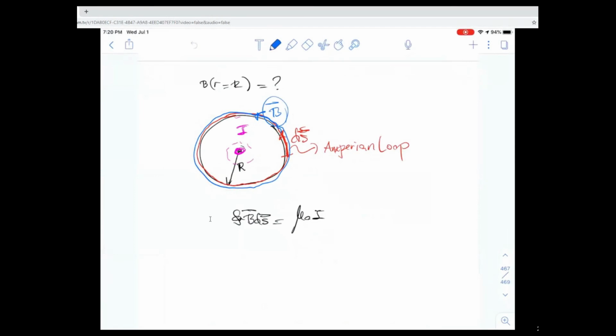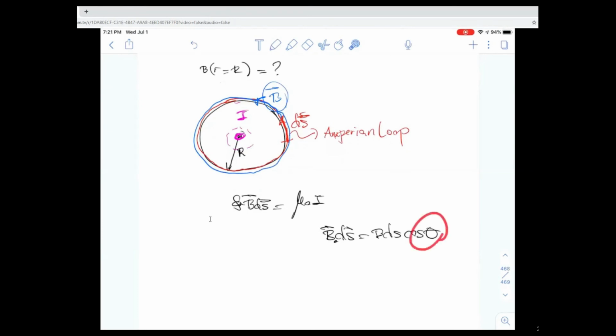Okay, so when you're looking at this in terms of a dot product, this angle that we're looking at right here is going to be 0. Because that angle is 0, cosine of 0 is going to be 1.